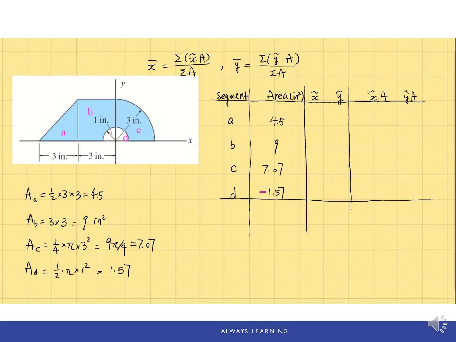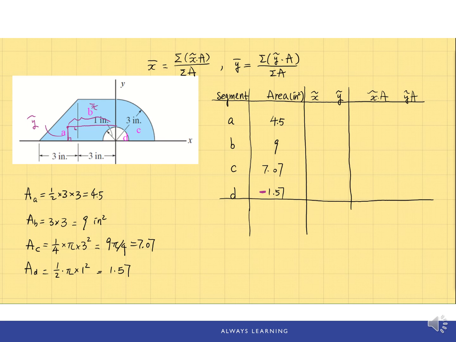Next, let's find the centroid of each piece or each segment. Start from segment A, and we're looking for the centroid location, the x tilde and y tilde. So this is the x tilde and this is the y tilde. And now for the x tilde, again, the centroid for this triangle is located 1/3 from each side.